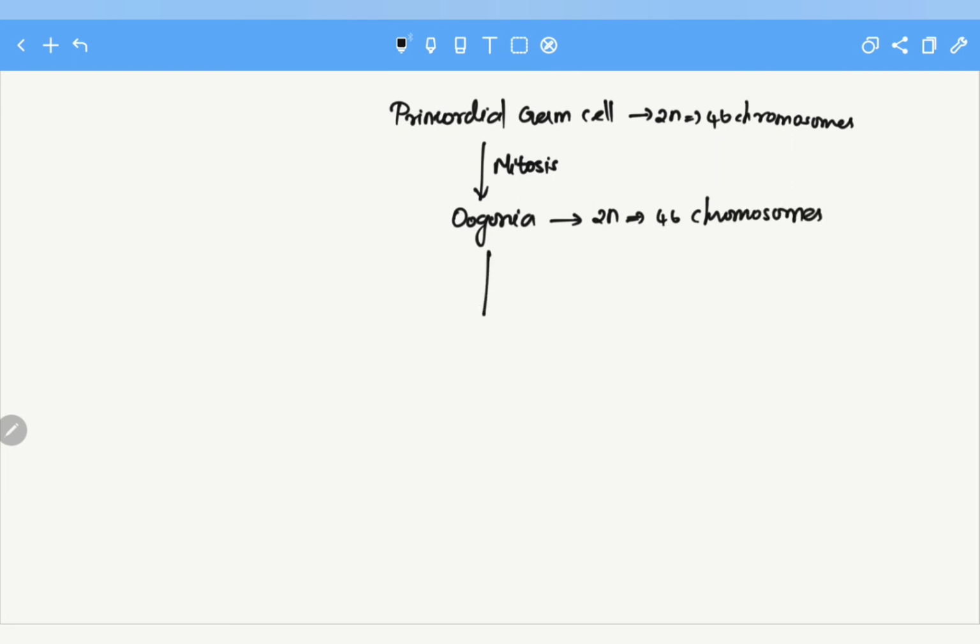Then the oogonia enlarges to form the primary oocyte. It has just undergone an enlargement, that's all. So again the chromosomal number is diploid, 46 chromosomes.